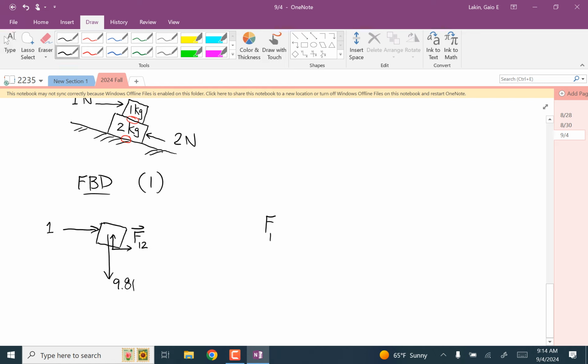Let me write it more generally. Let's say the force vector FAB is defined as the force on body A by body B. And that notation is going to be really useful to us.